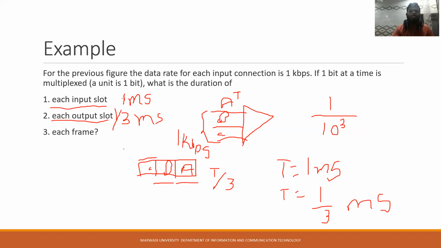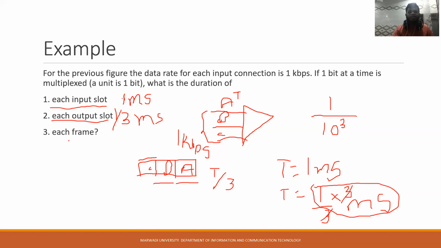So we can find this by two methods. We are having n slots within the output. So we are having three output slots because we have three connections. So we can multiply this answer with 3. So if we multiply this with 3, then 3 would cancel out and we will have a duration of 1 millisecond.